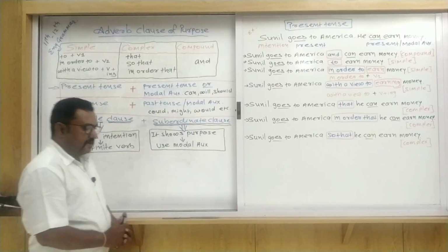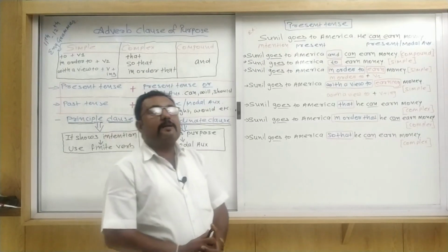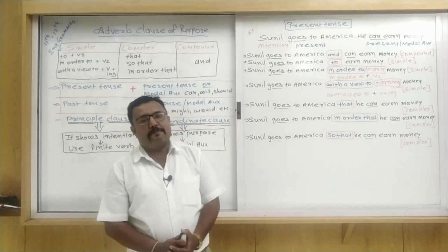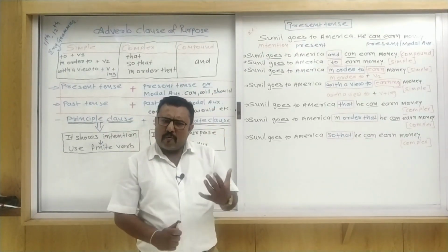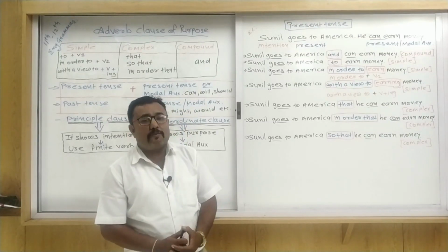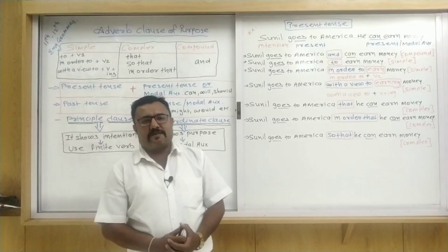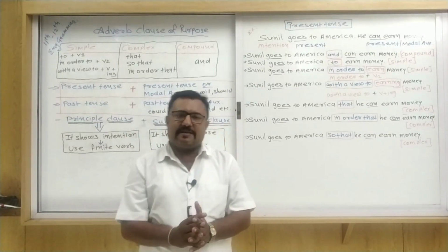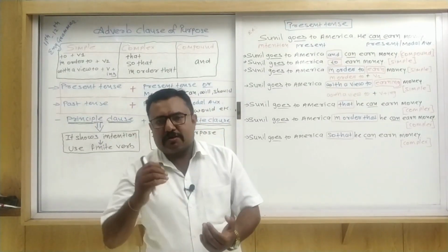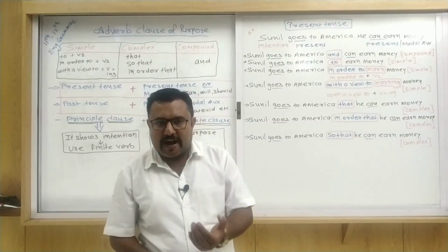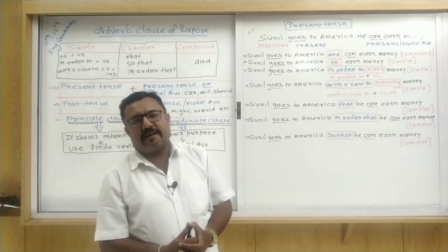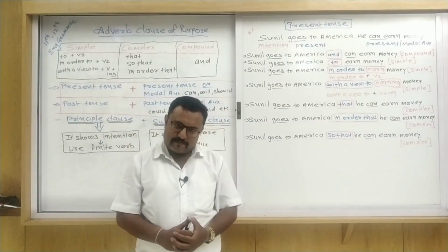Another example is that the beggar begs money from the people. Why does the beggar beg money from the people? What is the intention? What is the purpose? The first intention is the beggar begs money. So what is the purpose? So that he can eat something.